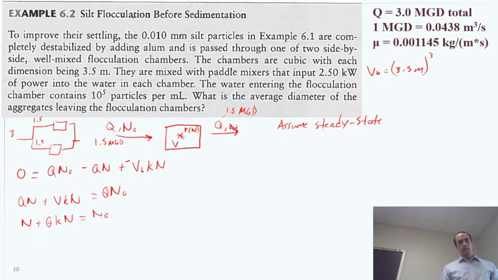I'm going to factor out the n's on the left, so we'll have n times 1 plus theta k equals n naught. And then I'll divide both sides by 1 plus theta k. Actually, instead of doing that, I'm going to divide both sides by n.